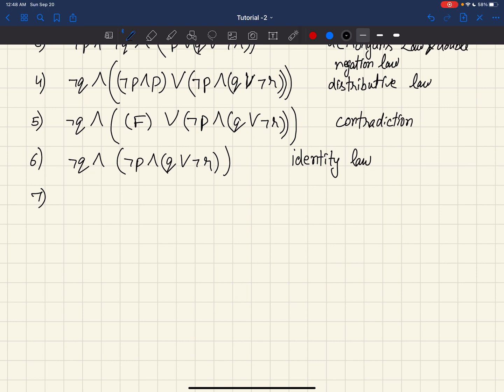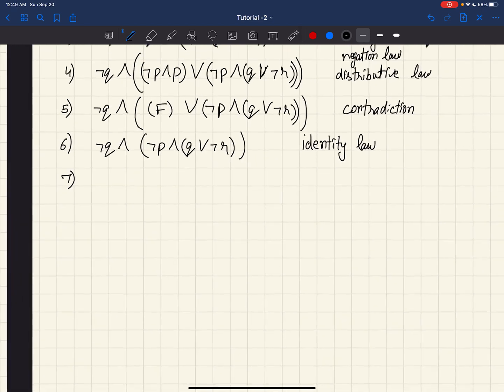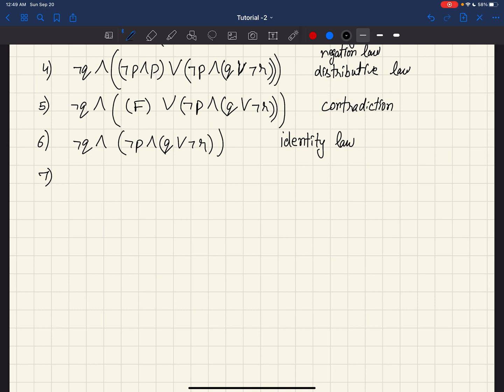Your next step is to use the associative law so that you can move these statements, because it is not Q and not P and, again, a separate compound statement as Q or not R. I can rewrite this as not Q and Q or not R and not P. This is the associative law here.